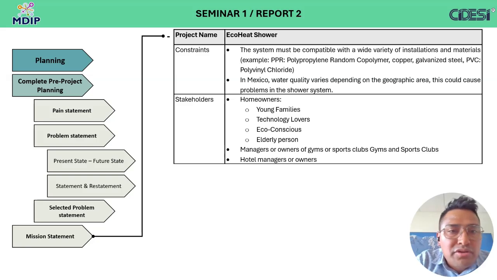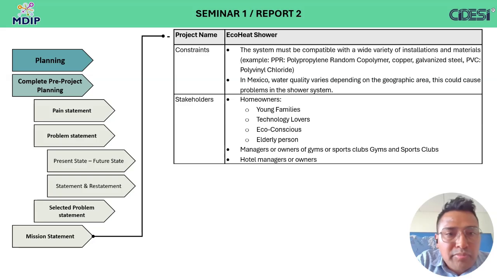Finally, we show that our main restrictions are the compatibility of the system with the existing installations and materials in the showers, and the quality of the water, which could cause problems in the shower system.